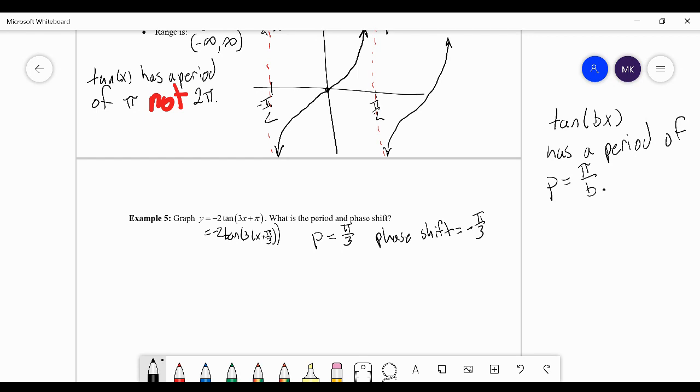Anybody? Bueller? Pause it, figure it out. I'm not going to tell you. I'm going to wait. You've got to wait. Just wait a little bit. You can do it. Figure it out yourself. Come on. I'm waiting.